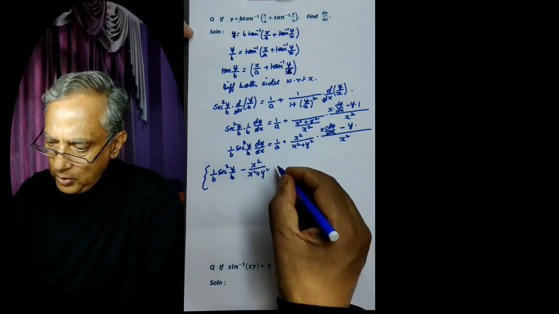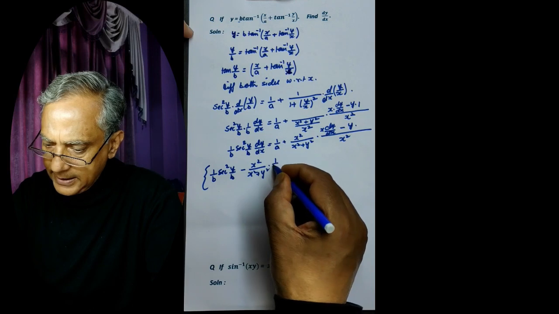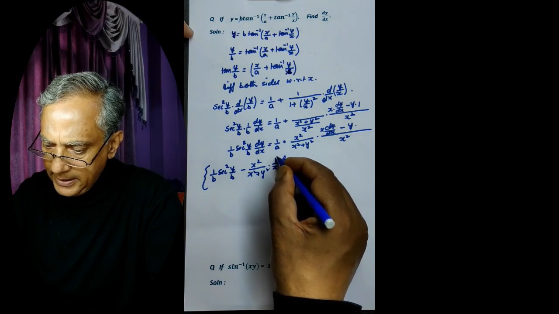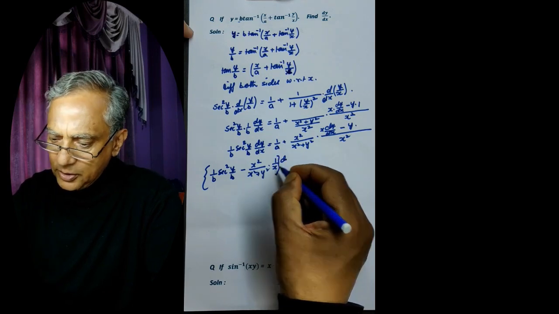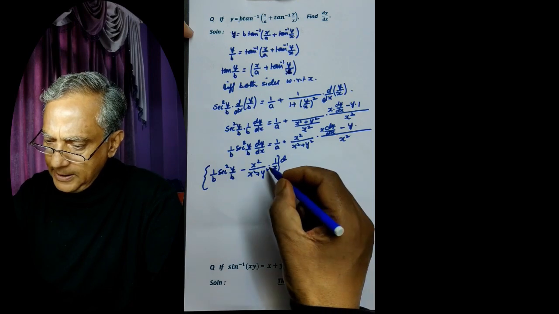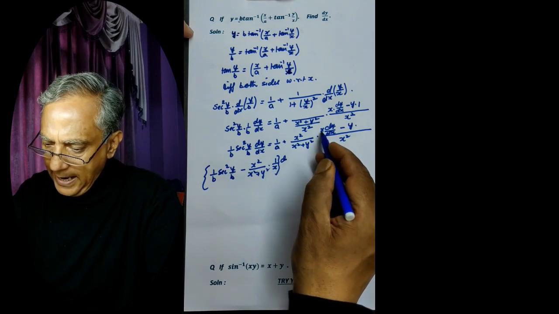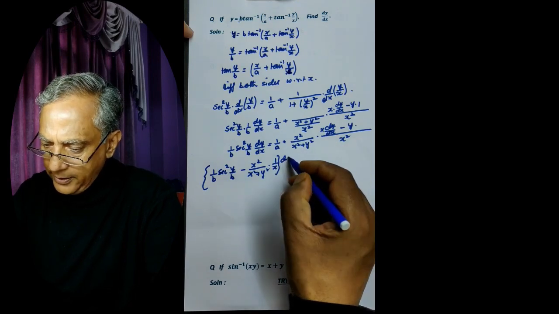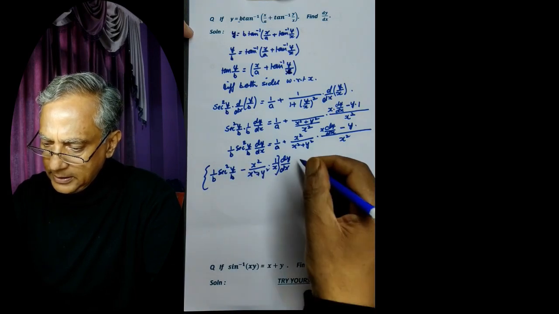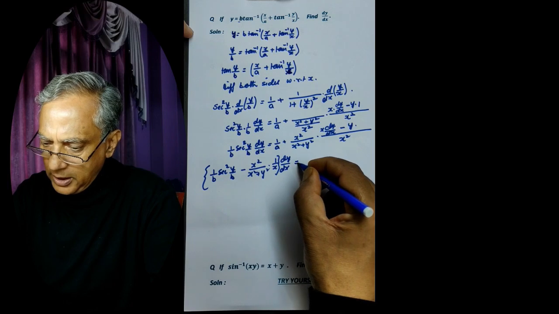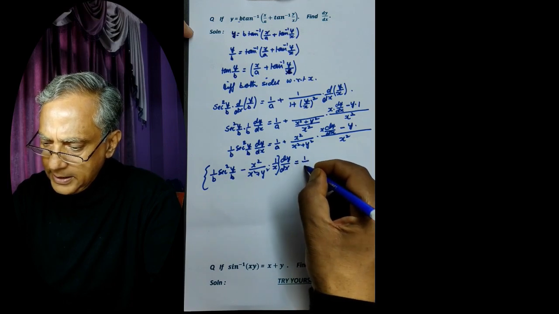So this will be 1 by x dy by dx. dy by dx is common. This is equal to, now terms not involving dy by dx.